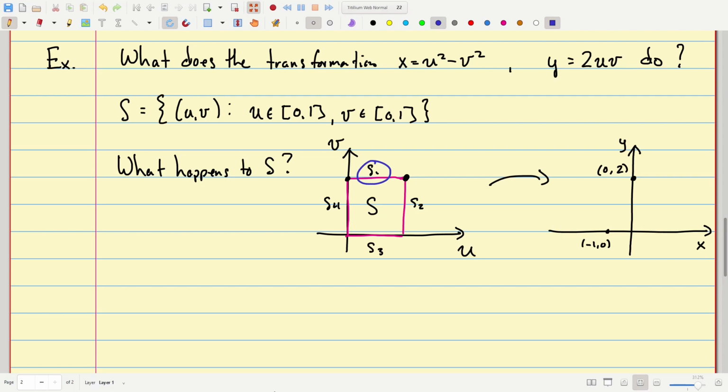When we have S1 here, we know that v is equal to 1. Right? Okay, so this is going to allow us to rearrange things.